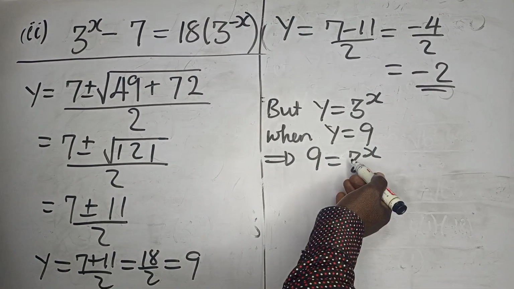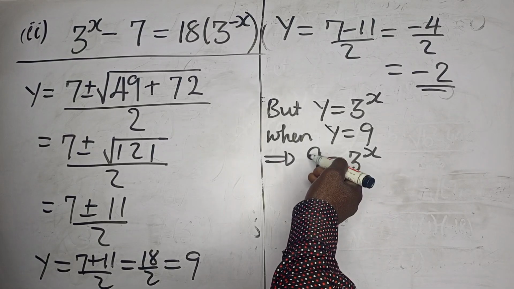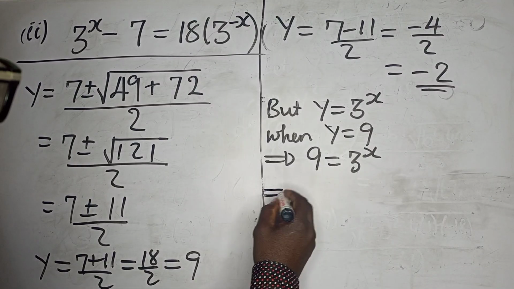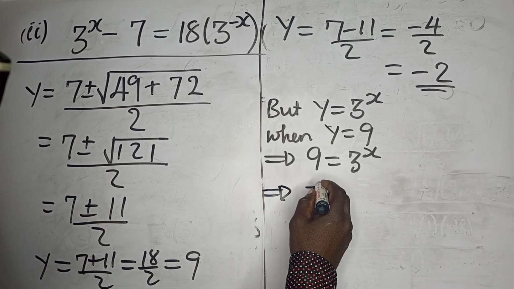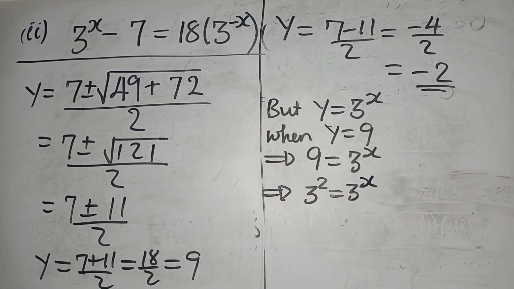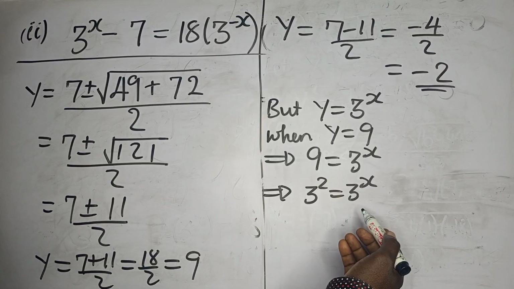All right, on the right hand side, we have 3 to the power x, an index expression. Can we change this one also to an index expression with a base 3? Yes, we know 9 is 3 squared. So we replace 9 with the number 3 squared. We get that. This index expression equals this index expression.